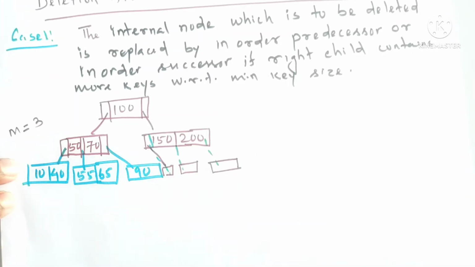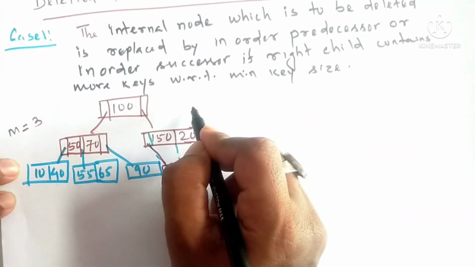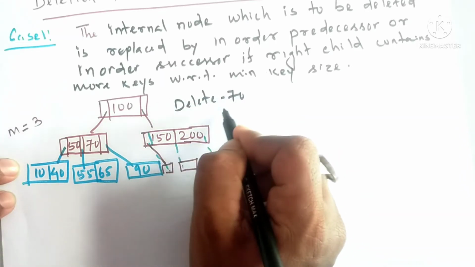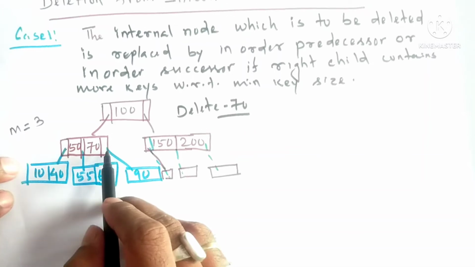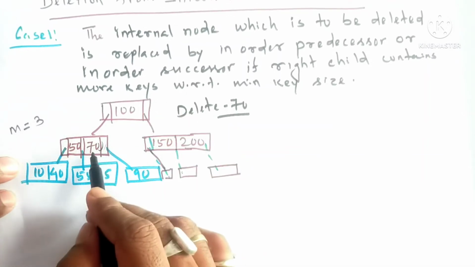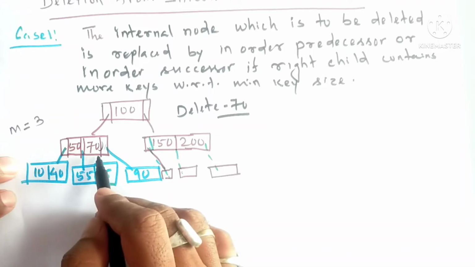Now you are asked to delete 70. 70 is present in an internal node, so I cannot directly delete this one. I will take either the inorder predecessor or the inorder successor.